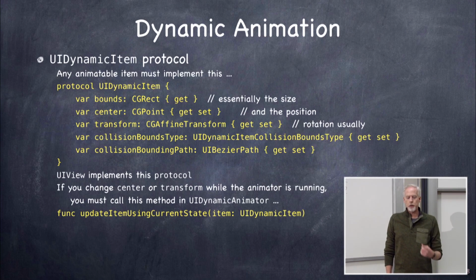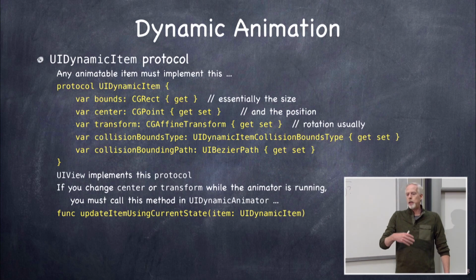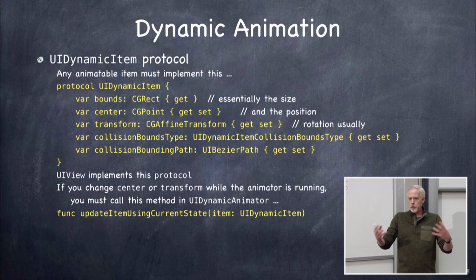If you notice, the bounds is read only. The bounds is just for the views. They can obviously look at their own bounds when they're drawing. The animator doesn't actually change the bounds as it goes. It's mostly doing center and transform. By the way, if you give an object to the animator by making a behavior operate on it, the animator kind of owns it. It owns center and transform as it's going to change them around.